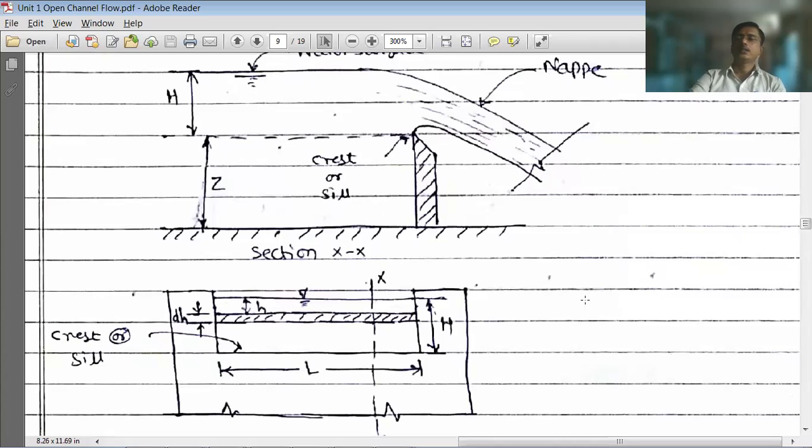In this particular rectangular notch or weir, we have considered a small strip of water sheet. At a depth of h, the distance from here to here is h. And the width, the depth of this strip, is dh.